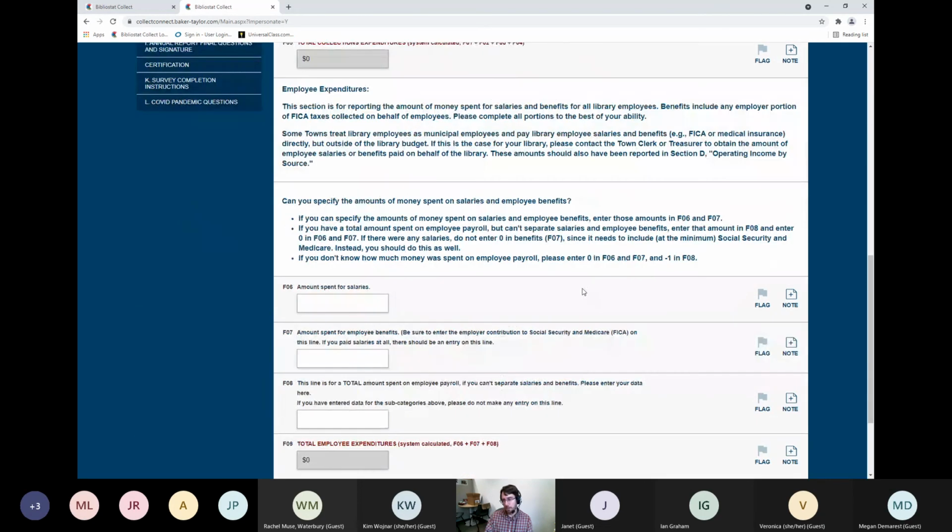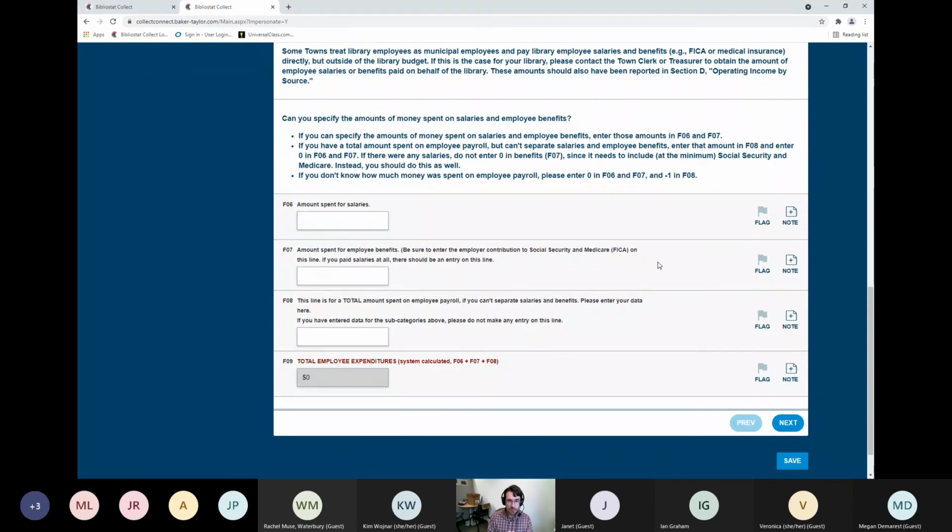Second is employee expenditures. So again, this is for all your paid employees. We want to know, first off, salary and or wages, the total for the year. The second is benefits. Benefits include sort of what traditional benefits, insurance, retirement, et cetera.